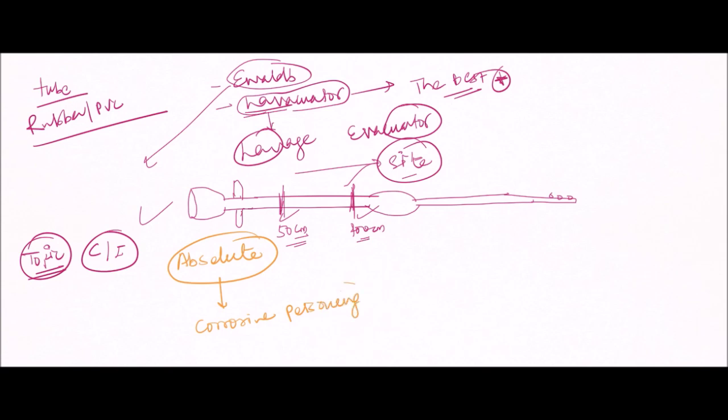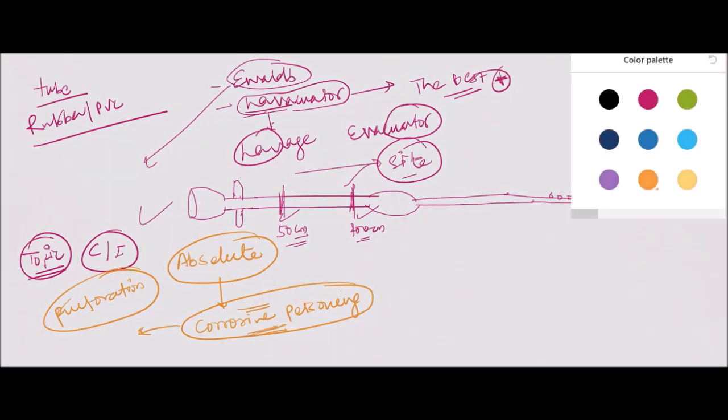Gastric lavage is absolutely contraindicated in any corrosive poisoning because there is already thinning of mucosa, and this tube after insertion in the stomach will cause perforation. That's why gastric lavage is contraindicated in case of corrosive poisoning.